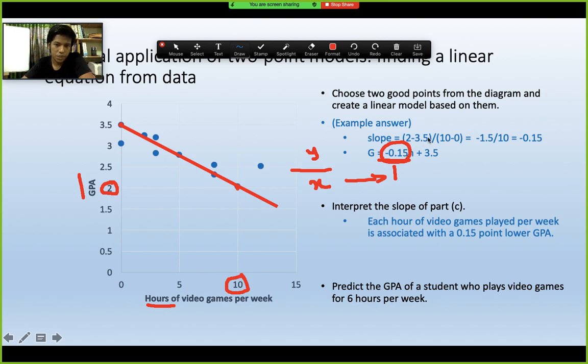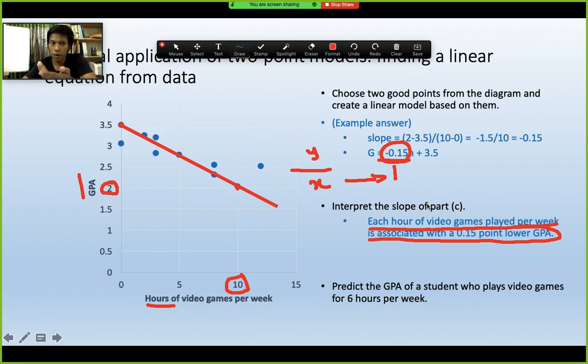This slope means if anyone plays 1 hour of video games, their grade point will fall 0.15 for each hour. Each hour of video games played per week is associated with 0.15 lower GPA. That means their GPA will go down by 0.15 if they play 1 hour of video games.